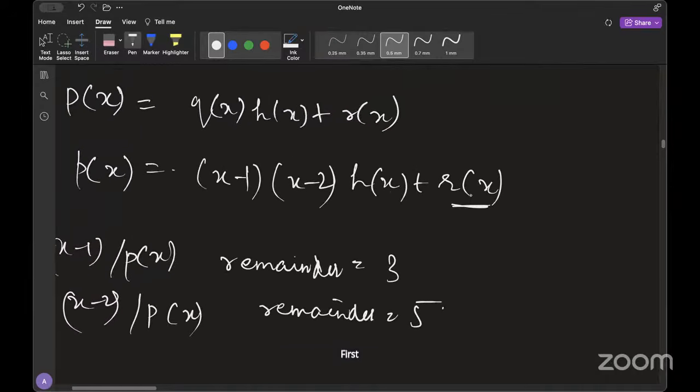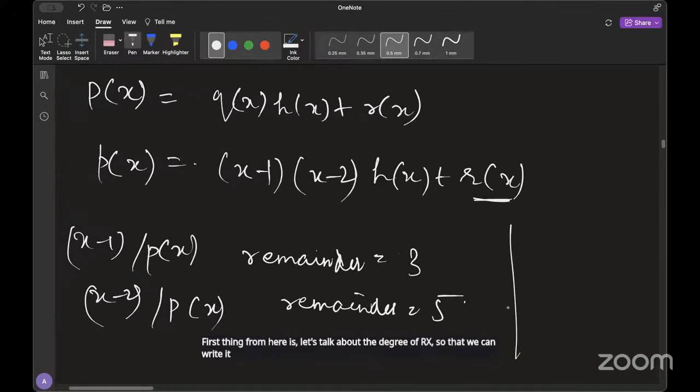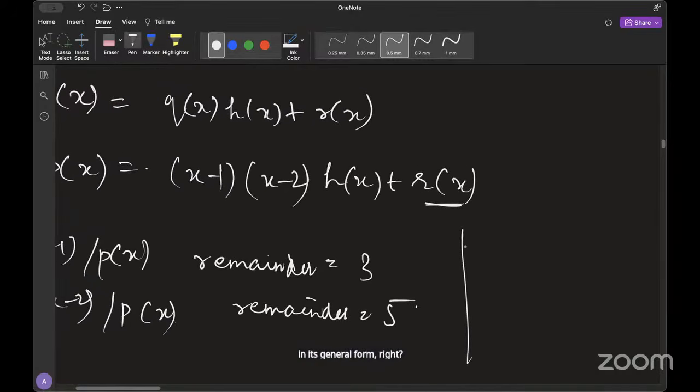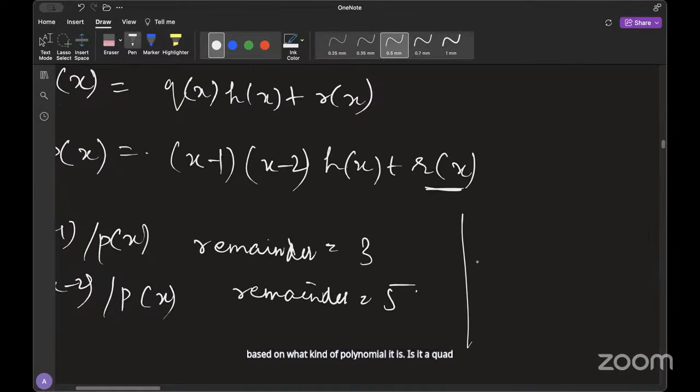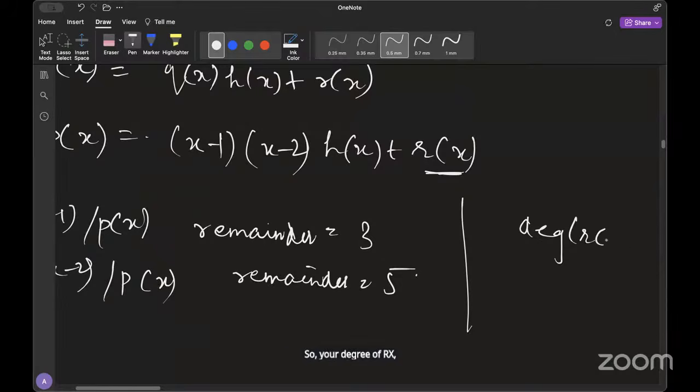First thing from here is, let's talk about the degree of r(x) so that we can write it in its general form, based on what kind of polynomial it is. Is it a quadratic polynomial or a cubic polynomial? The degree of r(x) should be strictly less than the degree of divisor.